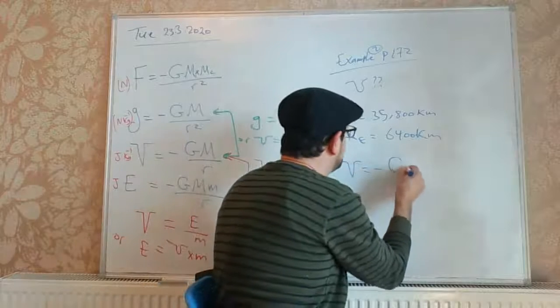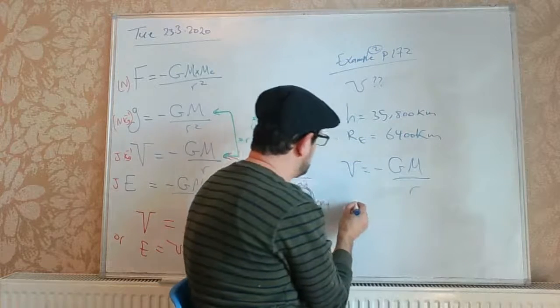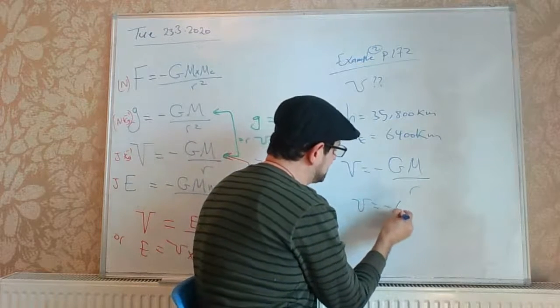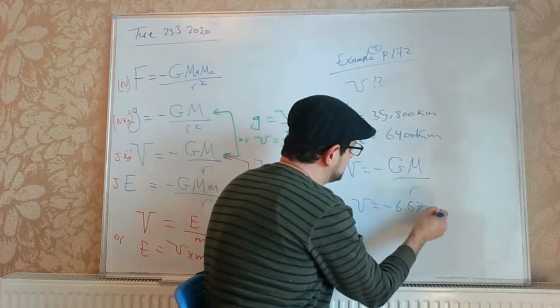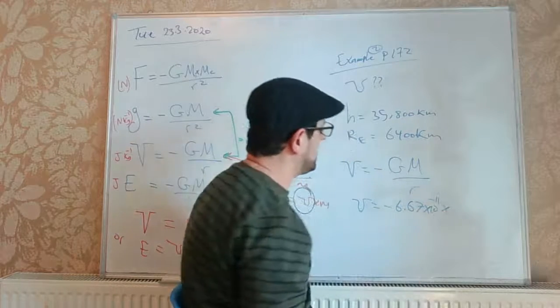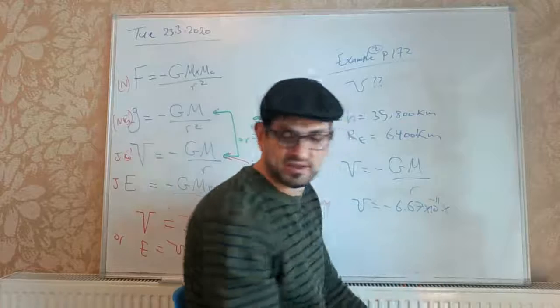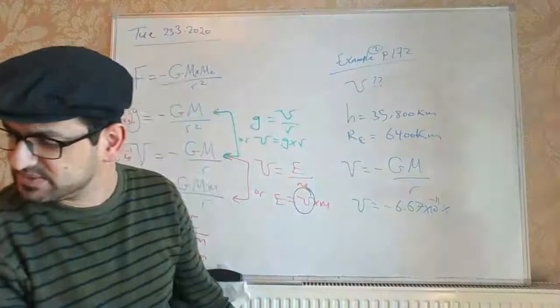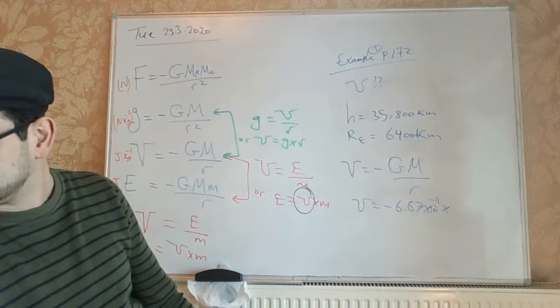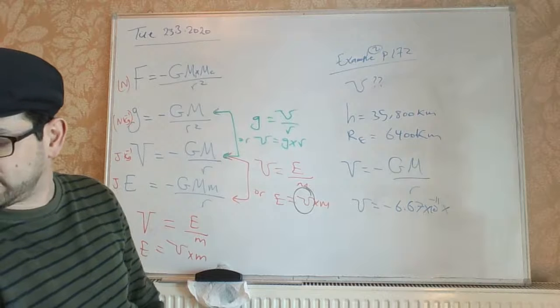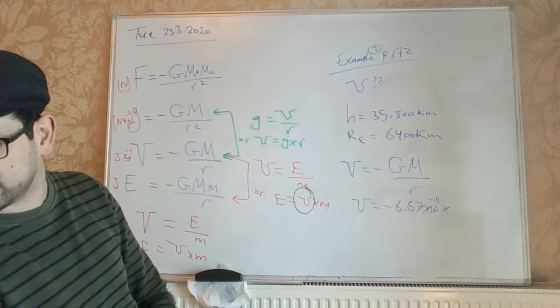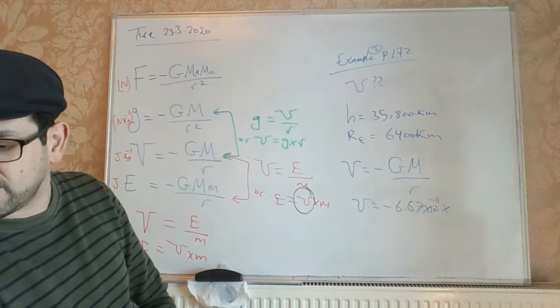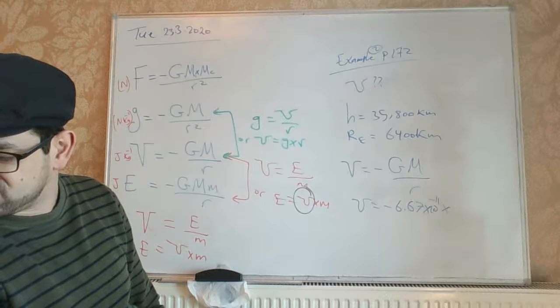It's negative GM over R. V equals negative 6.67 times 10 to the power negative 11 times the mass of Earth. It should be given, this is the mass of Earth. Okay, they did not give it here. It's written in the question. It seems they depend on the question above.